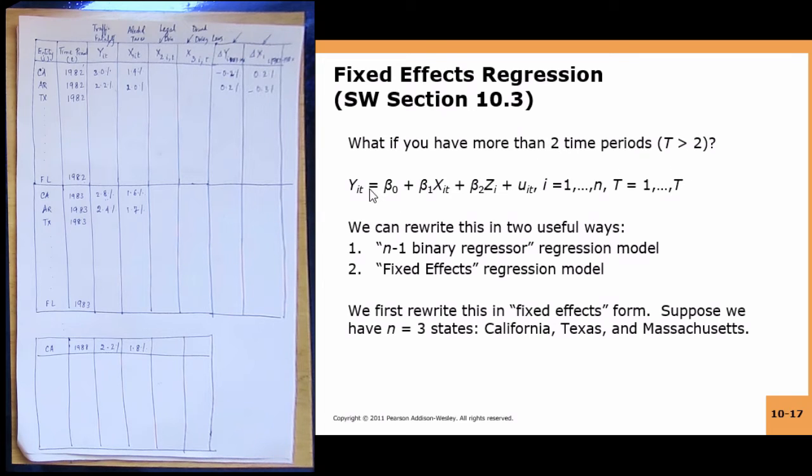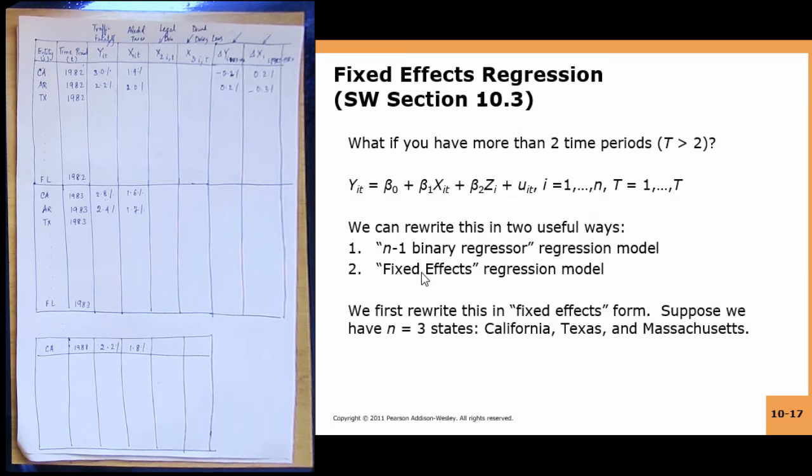You specify a regression model where you say yit is equal to beta 0 plus beta 1 xit plus beta 2 zi plus uit. You remember the proxy variable that I was talking about? This is the beta 2 zi. It is a proxy variable.